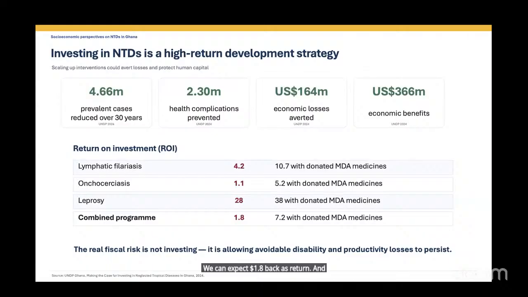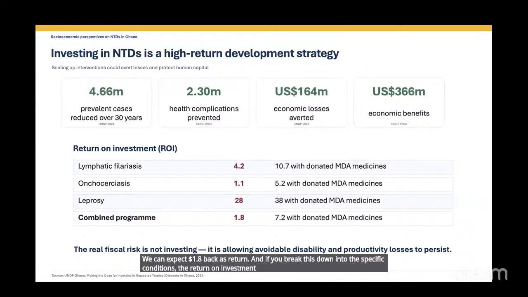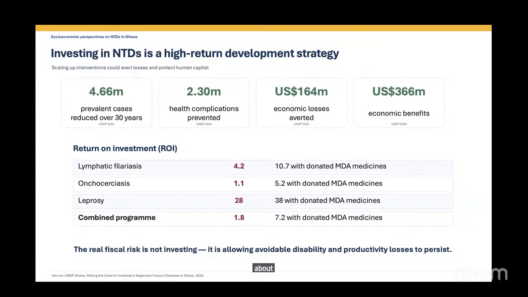And if you break this down into the specific conditions, the return on investment is even more interesting. So for conditions like leprosy, it goes all the way to 28. And for conditions like LF, it goes all the way to about 4.2 US dollars for every dollar that we spend.